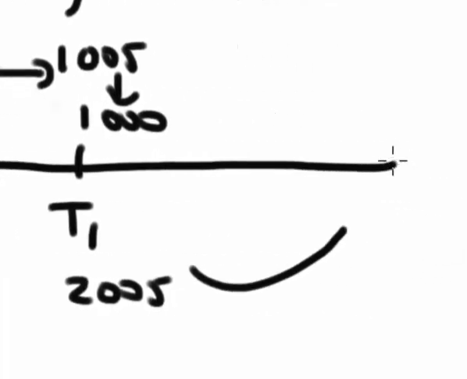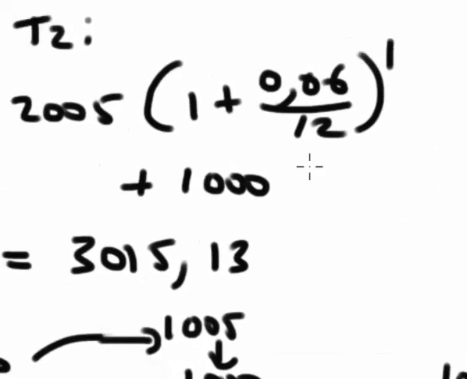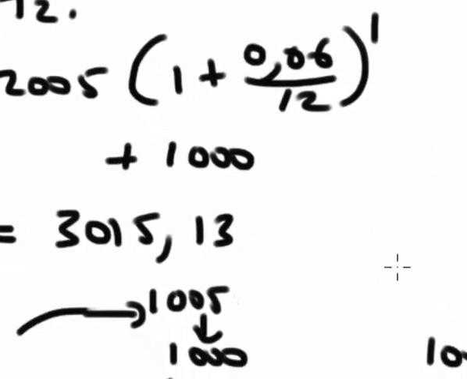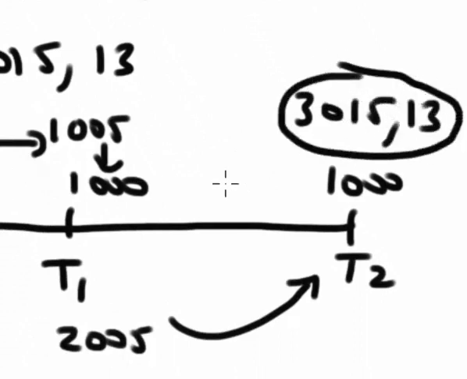And then that grows for a month, and we add in another 1,000 rand, and we land up getting this. Notice, we paid in 3,000 rand in total, but we've got 15 rand 13 cents interest because of the compounding over 2 months.